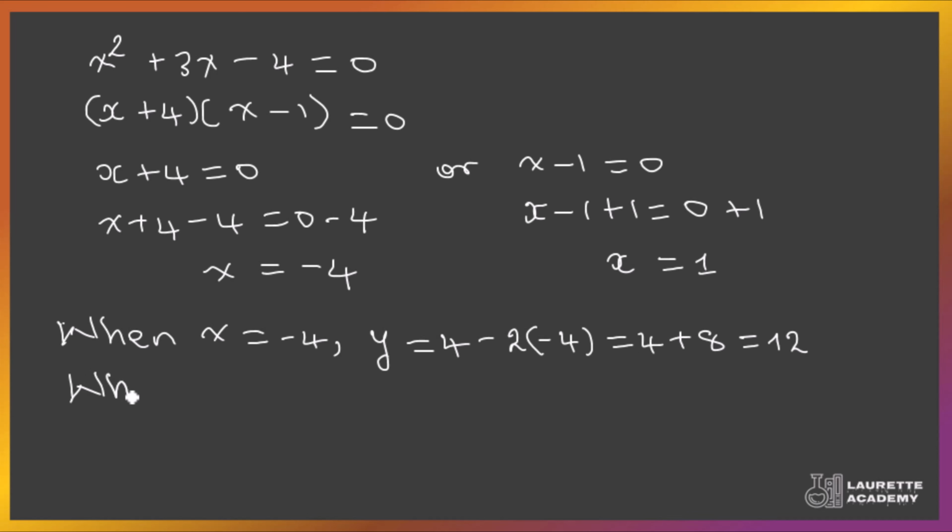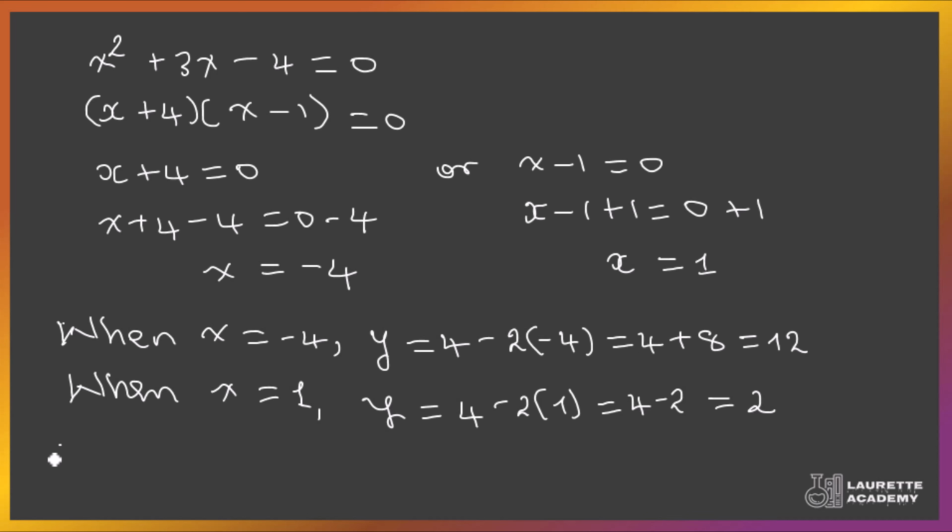When x is equal to 1, y is equal to 4 minus 2 times 1. This is equal to 4 minus 2, which is equal to 2.